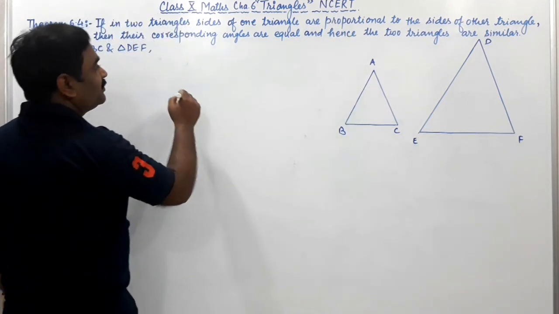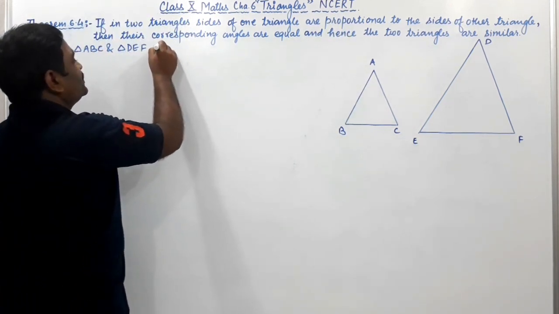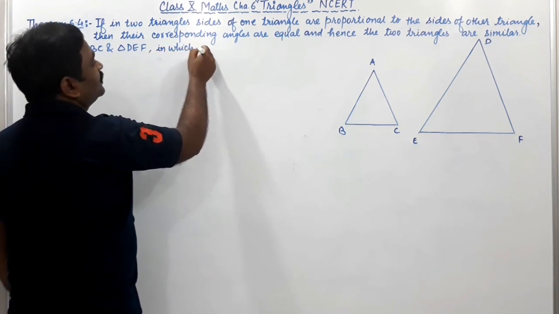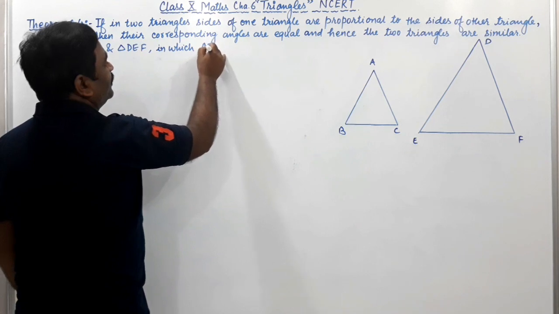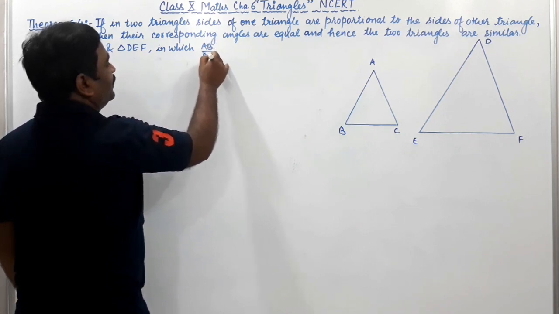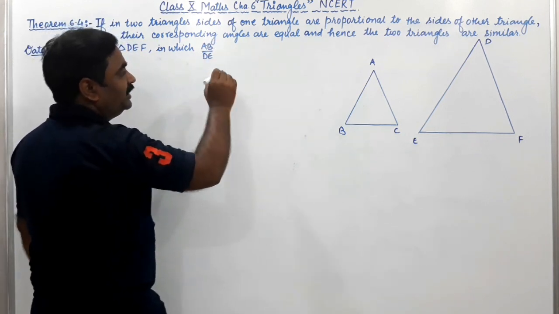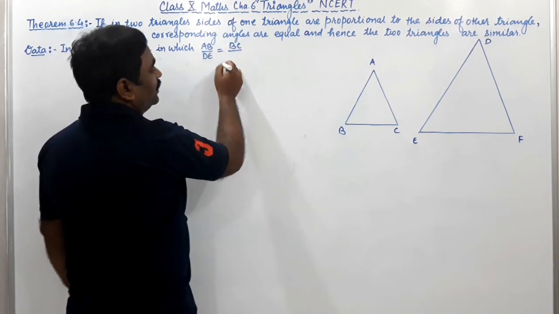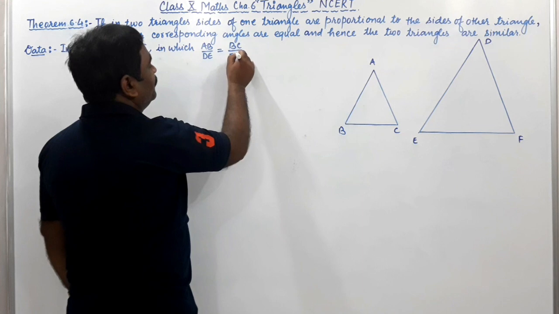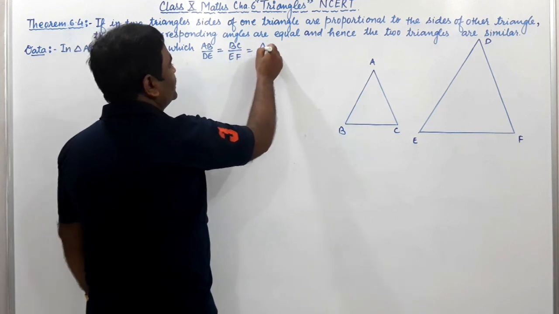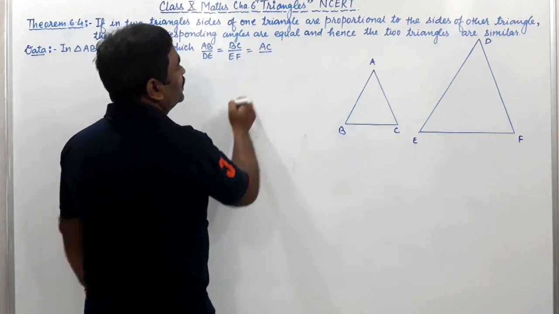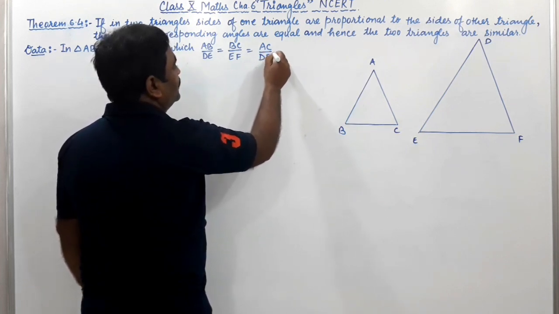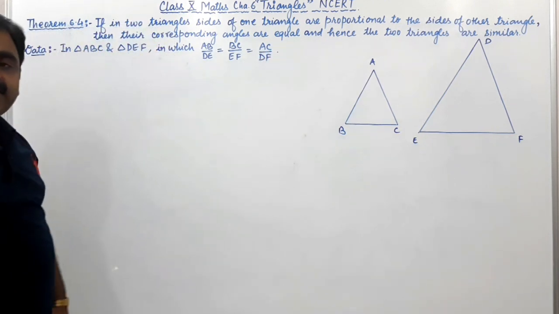So sides are in proportion, in which AB upon DE equals BC upon EF equals AC upon DF. This thing is given, right?